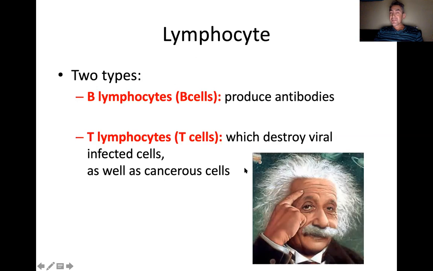A lot of viruses will get into our cells and steal our cellular markers, so they're difficult to detect, and that's going to be the role of these lymphocytes. Lymphocytes have to be smart to distinguish a normal healthy cell from one of our cells that is infected by a virus. They have to attack the right enemy and not destroy healthy cells. So a pretty intelligent category of leukocytes, these lymphocytes.